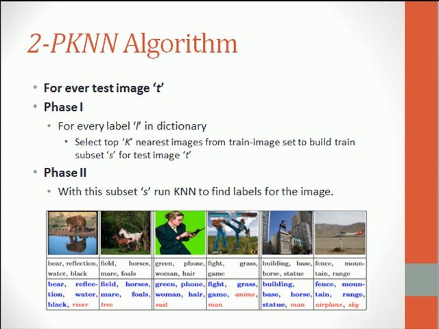This selection of the train subset ensures that even the least frequent labels are present at least k times in the train subset, thus giving them comparable weightage while testing. We can clearly see in the given examples that river, which is a rare label, is still present in the tags predicted by the 2PKNN algorithm.